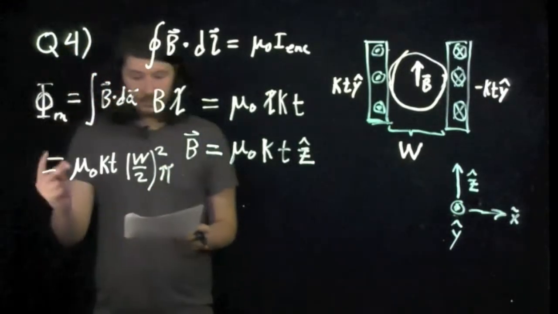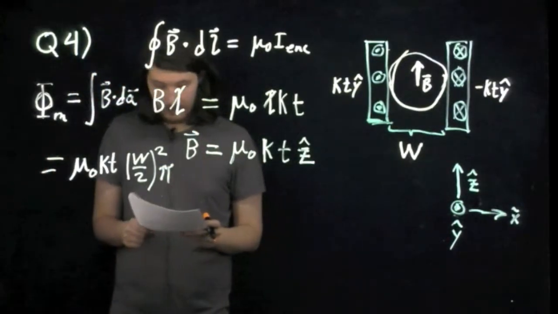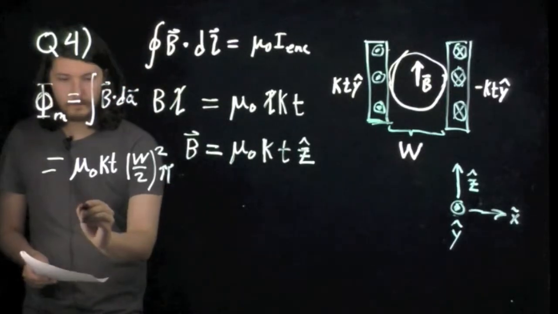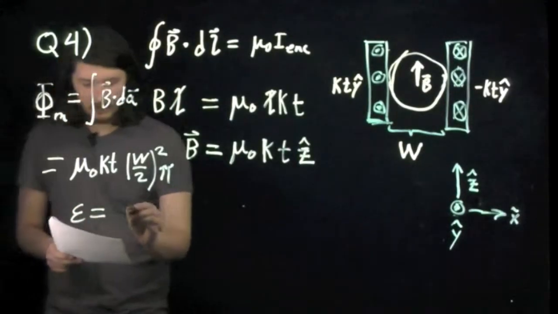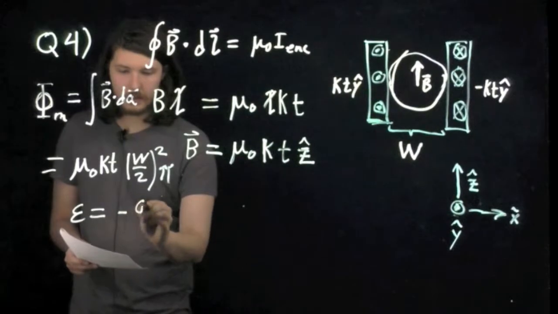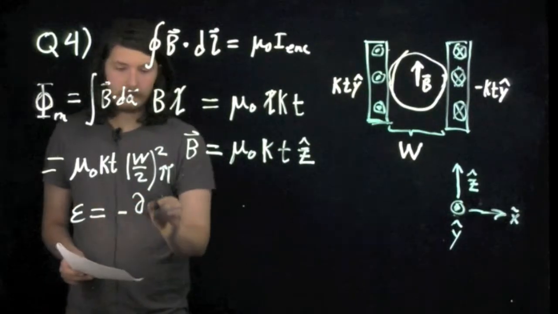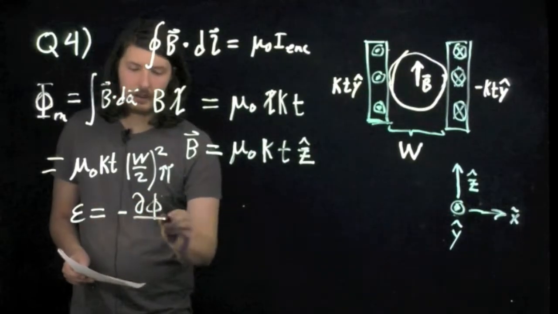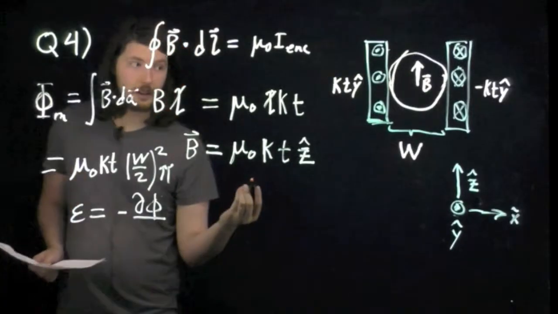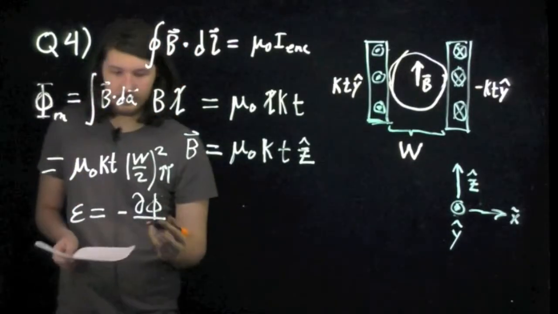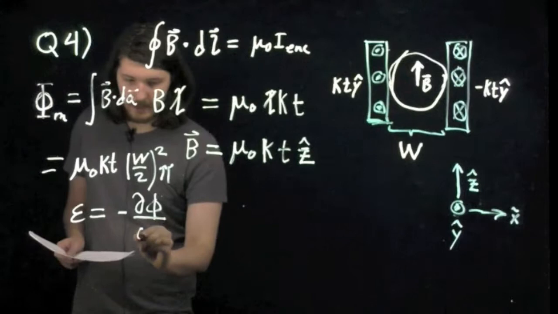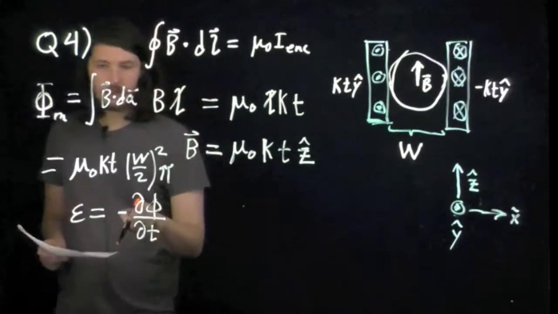From this, we can apply Faraday's law to obtain an expression for the EMF in the loop, which we will then use to find the current. For now, let's just find the EMF.